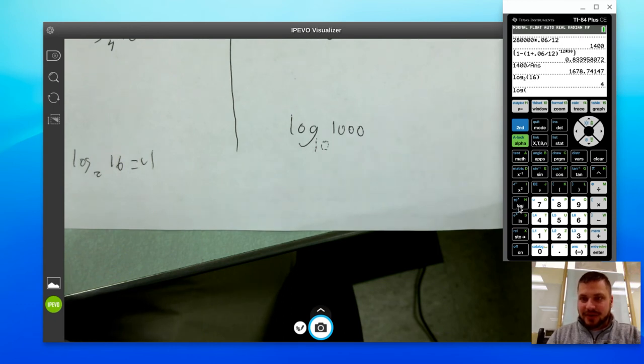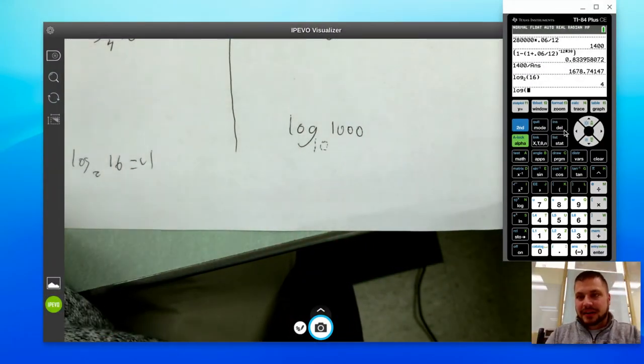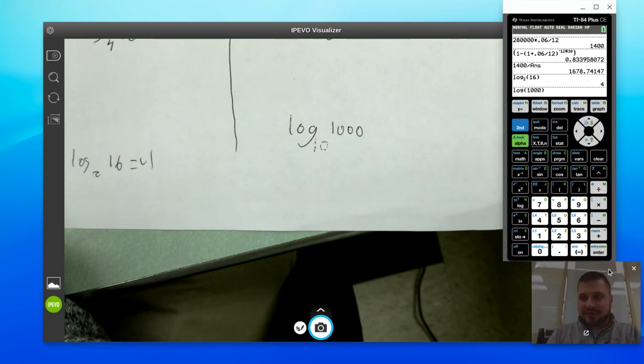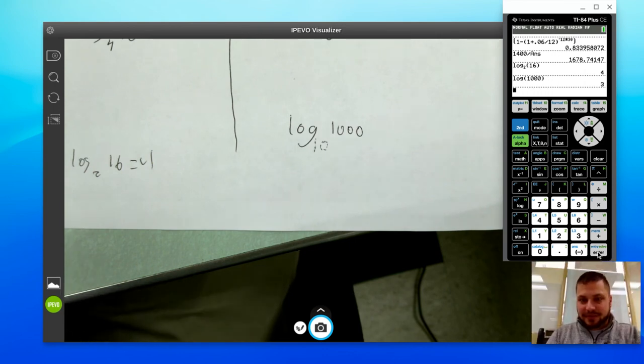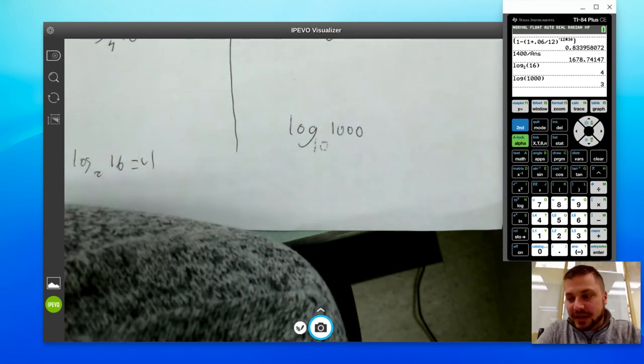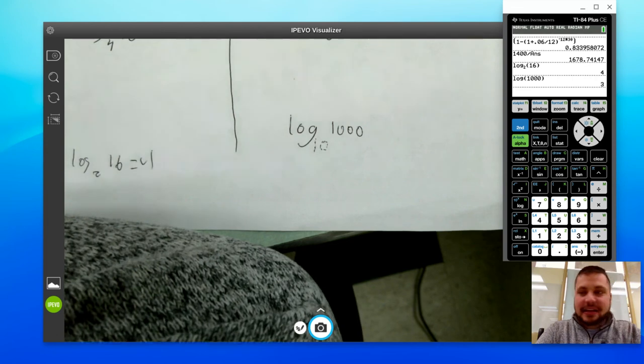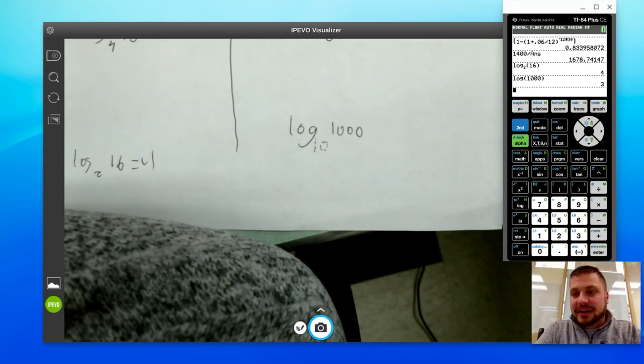It just says log. That's log base 10. See how on my calculator here, the base number is imaginary. So log base 10 of 1,000, 10 to what power is 1,000? 3. Okay, so if the log base value is not written, that base value is 10.